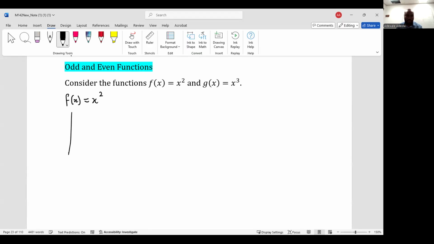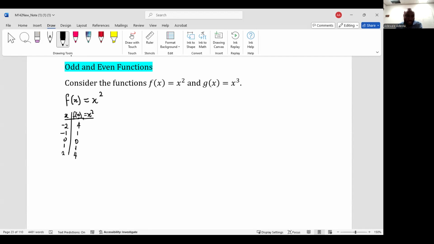I will pick some points: -2, -1, 0, 1, 2. If I find the y value, that is f of each of these inputs, here will be 4, here will be 1, here will be 0, here will be 1, here will be 4.